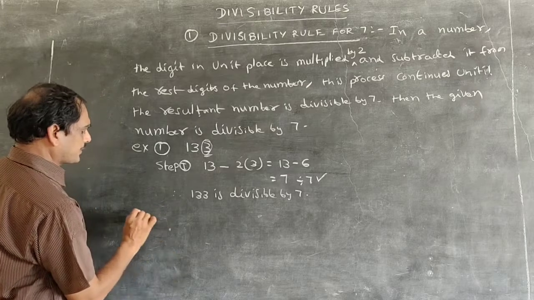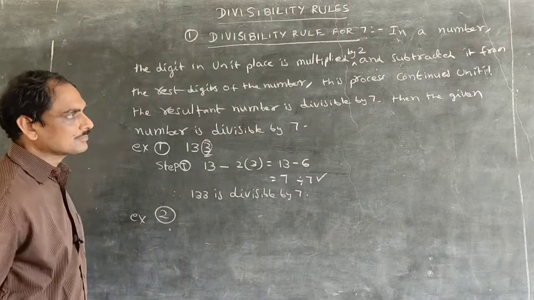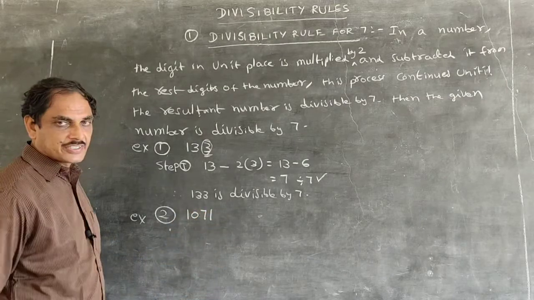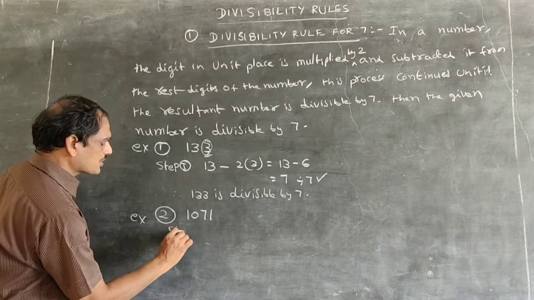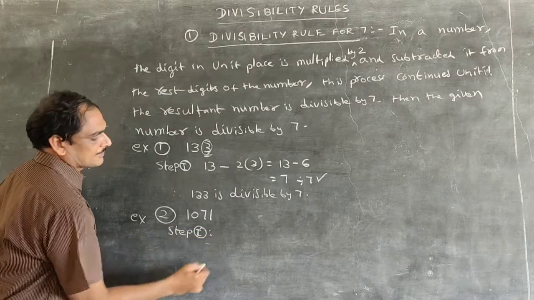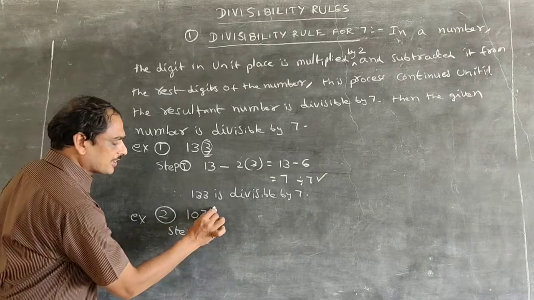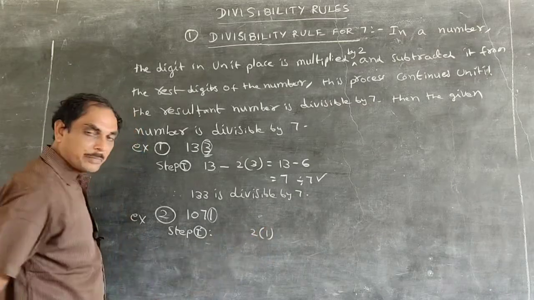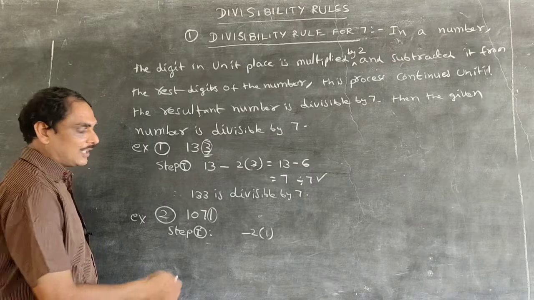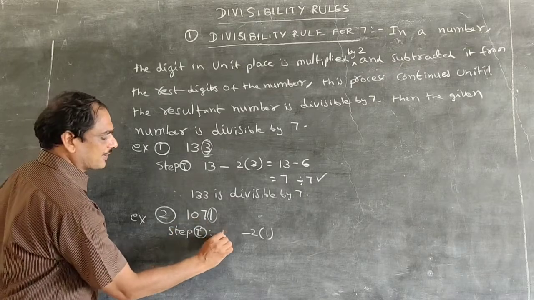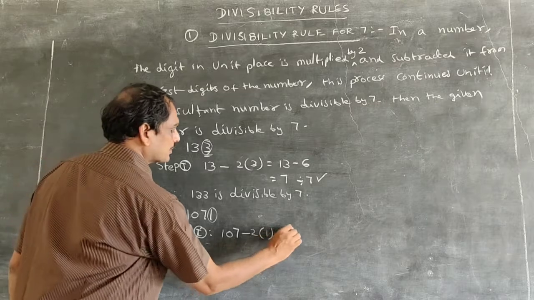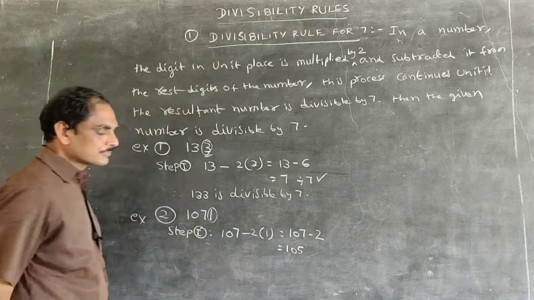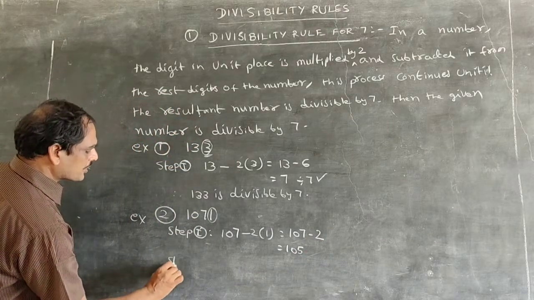Next we go to another example. Example 2, that is 1071. This is a 4-digit number. In this, first we go to step 1. In this number, the unit digit is 1. So we multiply it by 2 and subtract it from the rest digits of the number, which is 107. 107 minus 2 is equal to 105. This is step 1. Again we go to step 2.